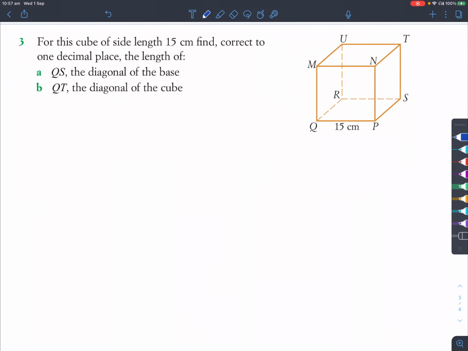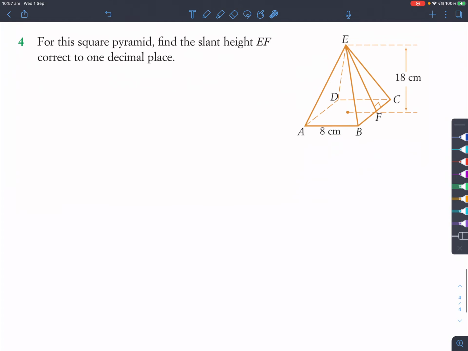Moving on to question 4. Question 3 is something you can do yourself. It follows the same process as question 2. But for question 4, for this square pyramid, find the slant height EF correct to 1 decimal place. So we're trying to find out this length here.